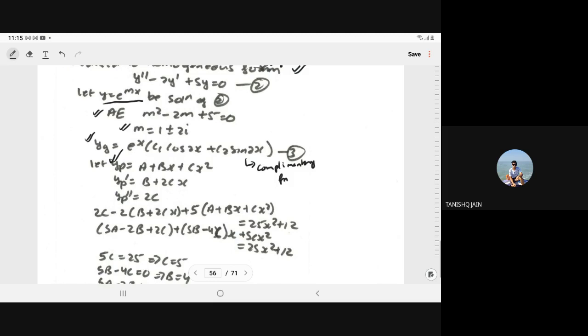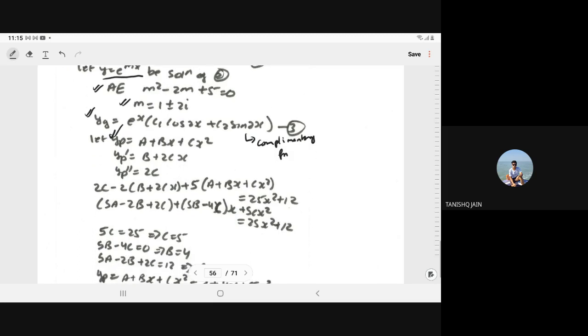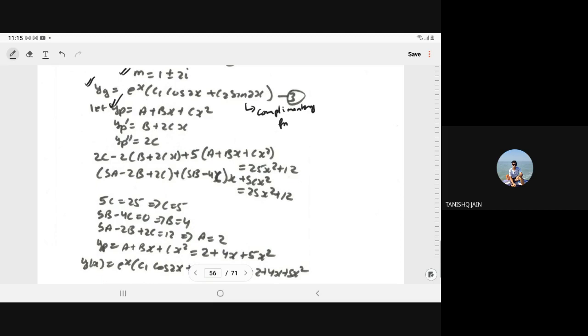So we compute yp dash, which is b plus 2cx, and yp double dash, which is 2c. Just put the values of yp dash and yp double dash in equation number 1, the complete equation. As you compare the coefficients of x square, x, and the term independent of x on both sides, you will get the following equations.